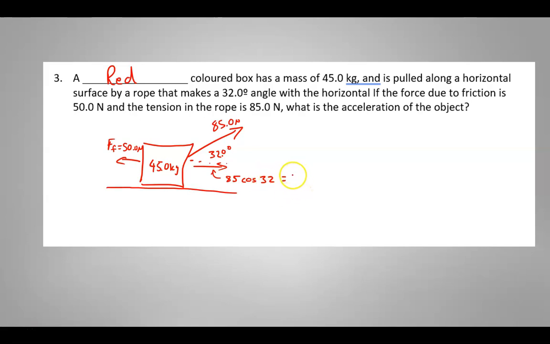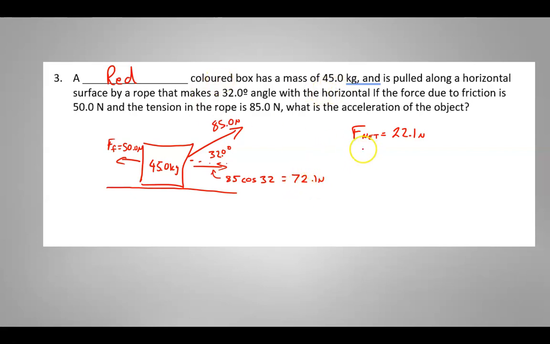And that gets you 72.1 newtons going forward. So the net force, 72 one way and 50 the other, is going to get you a 22.1 Newton force. And we don't know what direction it is, but we know that it's definitely accelerating faster.